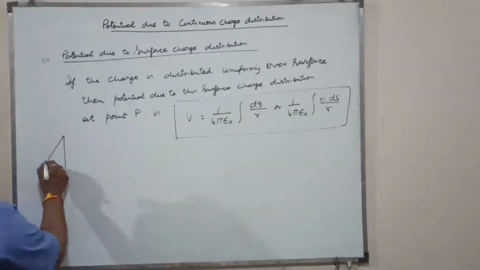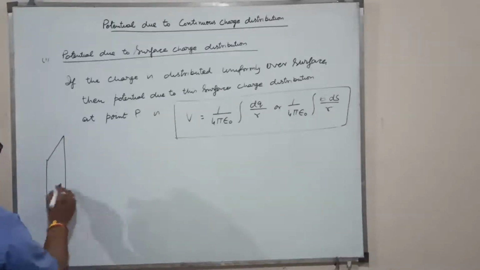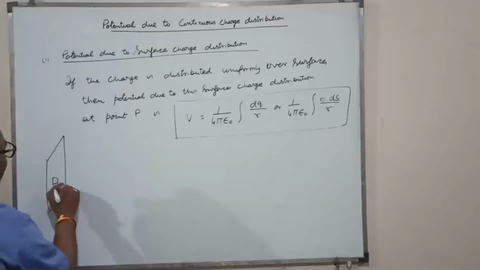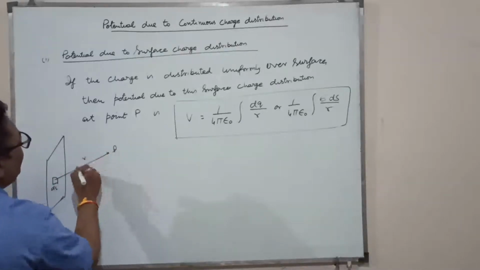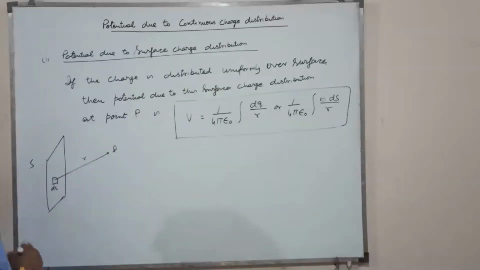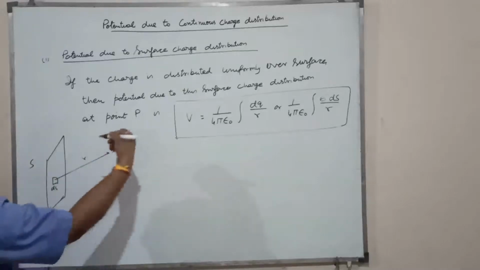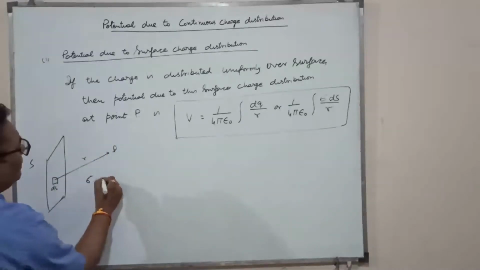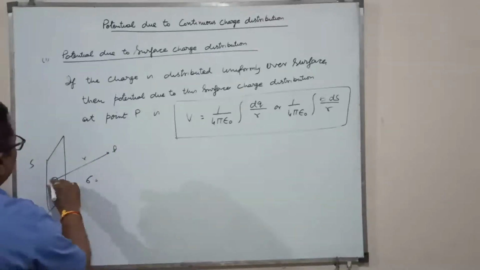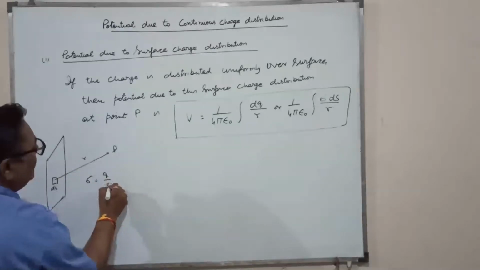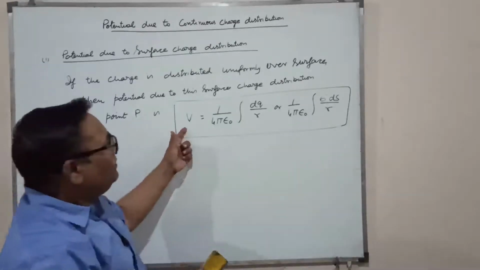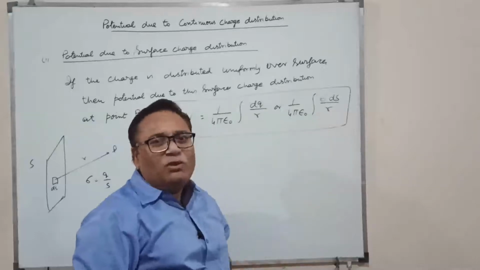This is the surface charge distribution in a small area ds. This is the point P at a distance r and the surface area is S. Then the surface charge density sigma is Q upon S. Therefore, the expression is sigma ds upon r.